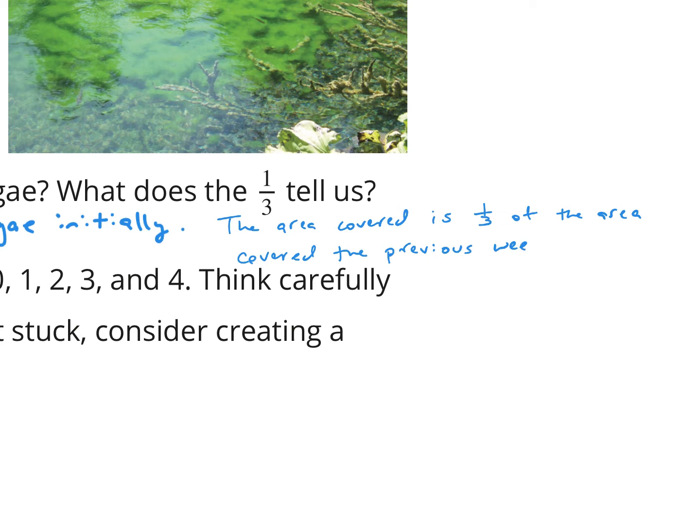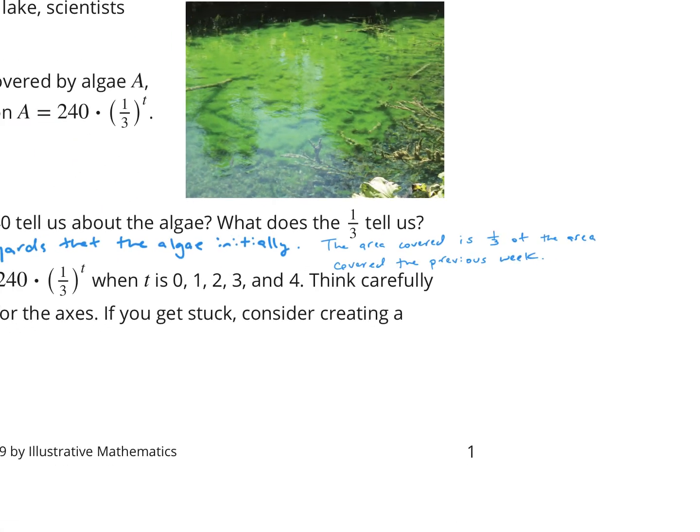So this is how much is left. If you were talking about how much it's decreasing by, we would say it decreases 2/3 each week. So there is 1/3 left.